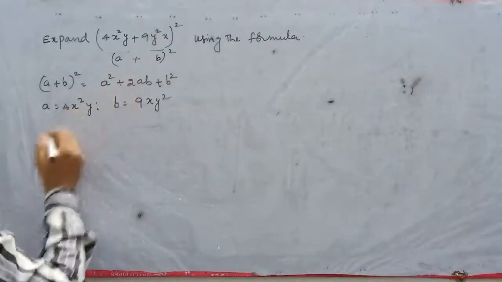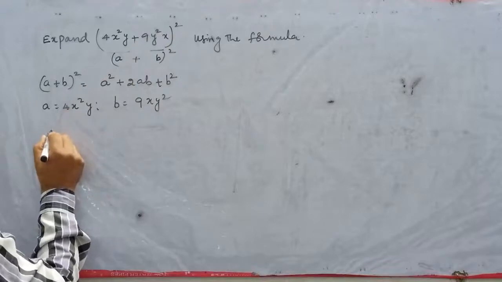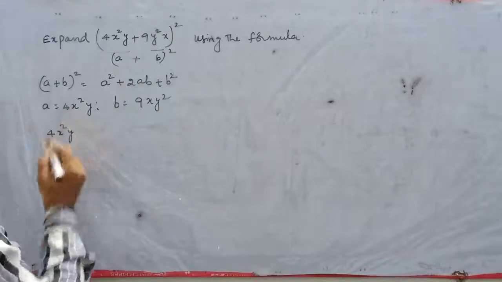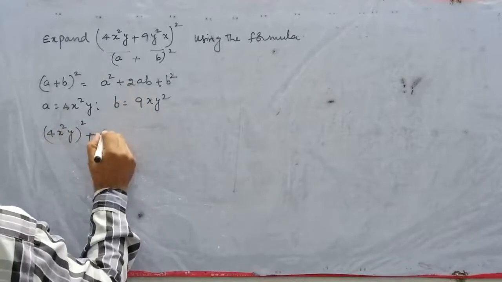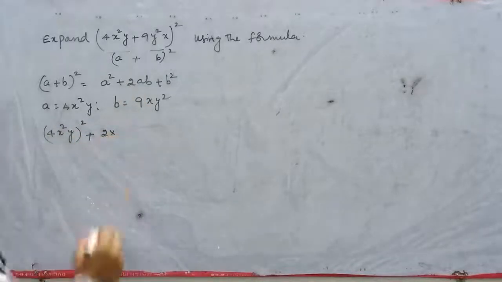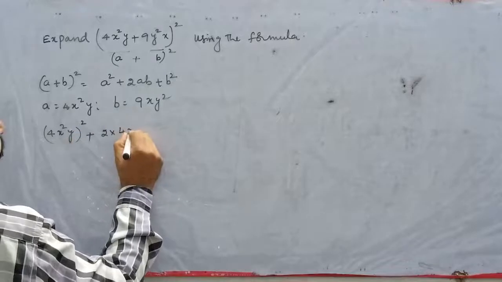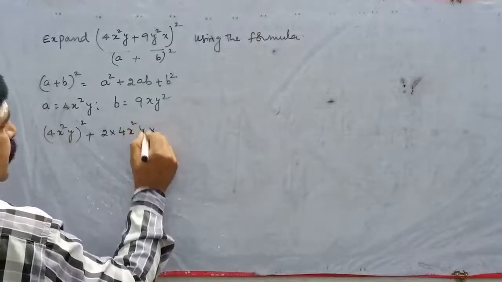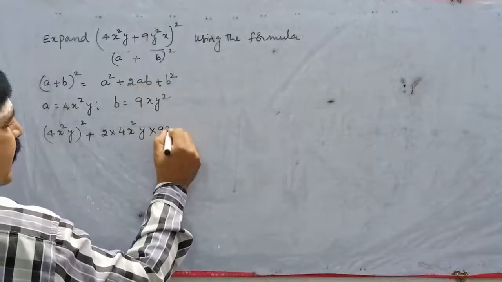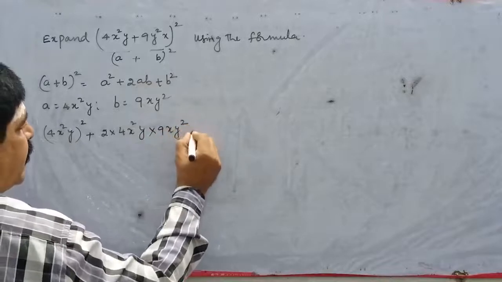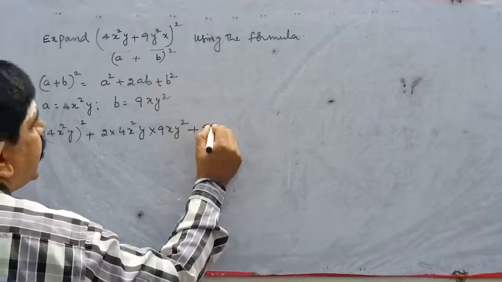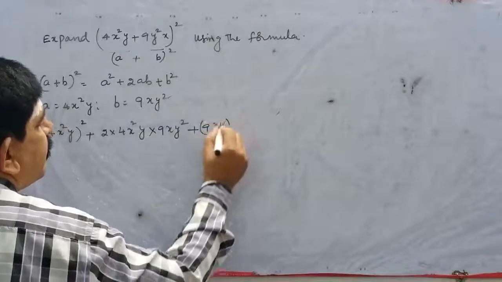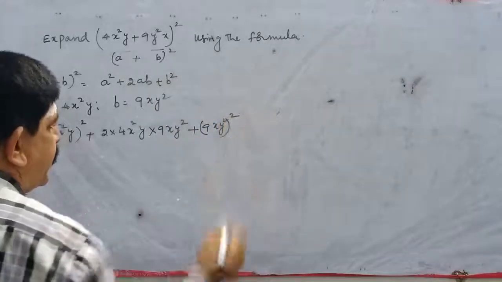Now first A square. A square is (4x square y) whole square plus 2AB, 2 into A, that is 4x square y into B, 9xy square, plus B square, (9xy square) whole square.